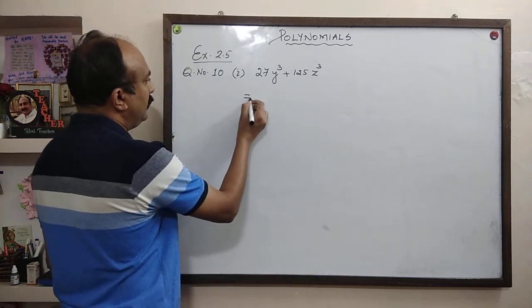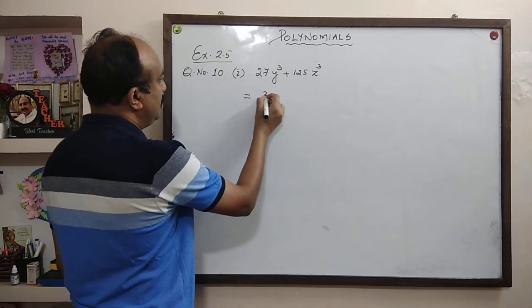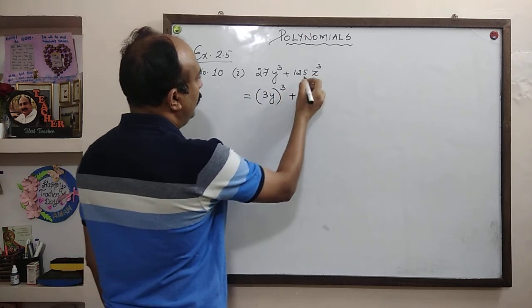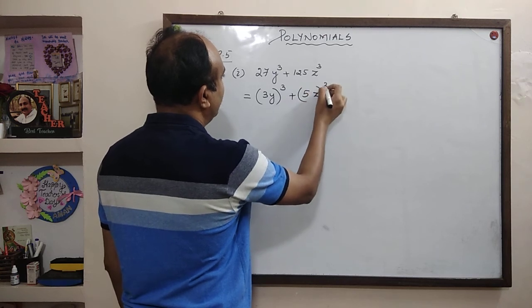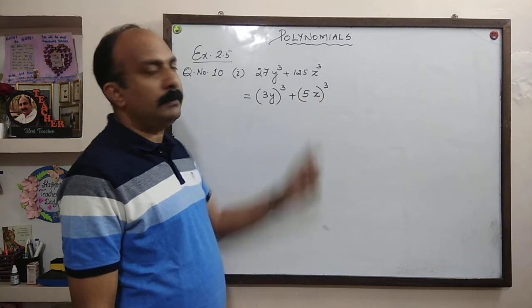So first of all you have to find out what is a and what is b. 27y cube is 3y the whole cube. 125z cube is 5z the whole cube. Now we got the exact values of a and b.